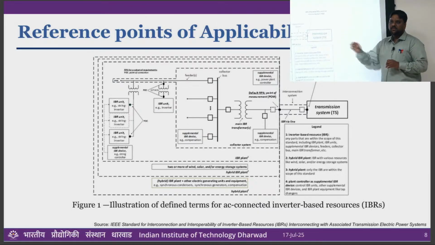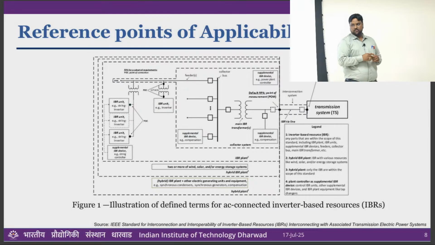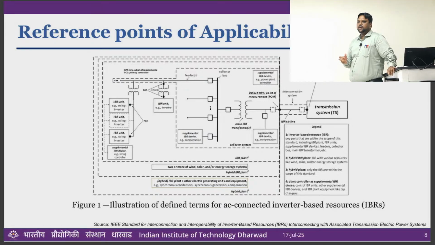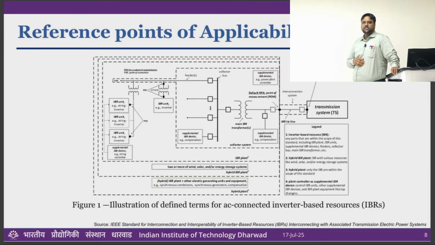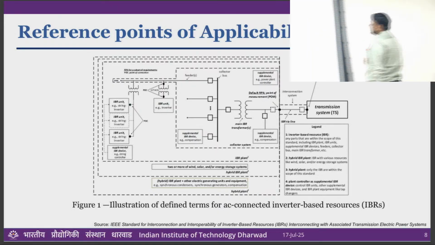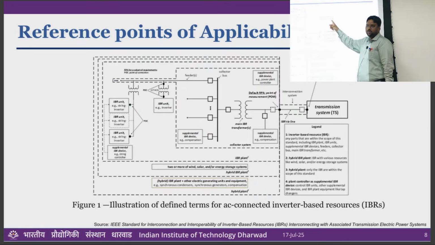There are 3 definitions you have to understand for grid integration. Mostly people get confused or take everything commonly as point of common coupling, but IEEE 2800 specifically defines three connection points. First, they call something called point of interconnection, POI.